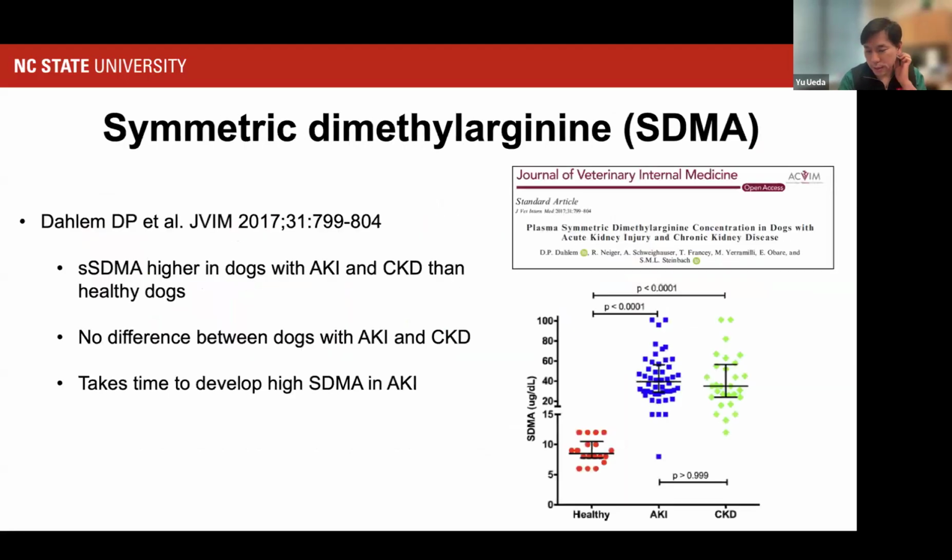One of the functional kidney markers is of course serum creatinine. Another one we often use in clinical settings is SDMA, symmetric dimethylarginine. As you know, this is an early marker for diagnosing CKD, and it is also known to be increased in acute kidney injury patients. A 2017 JVIM study showed increased serum SDMA concentration in dogs with AKI.